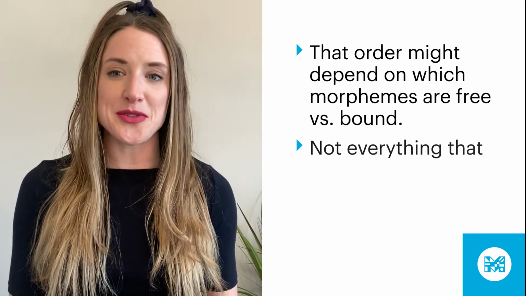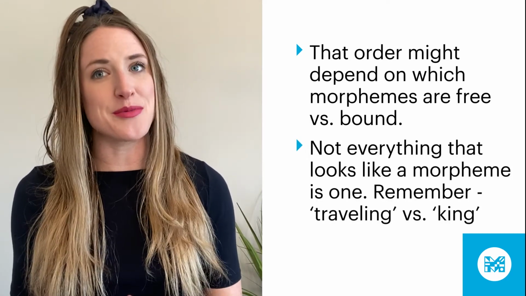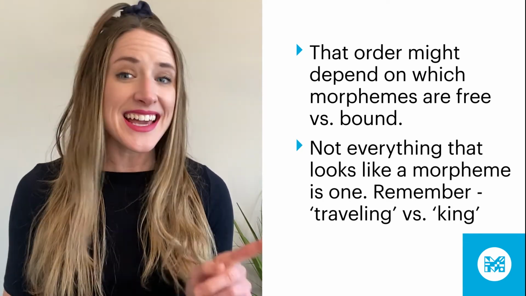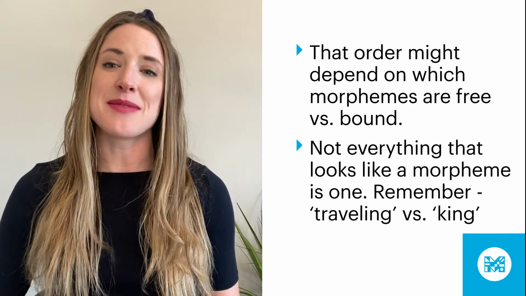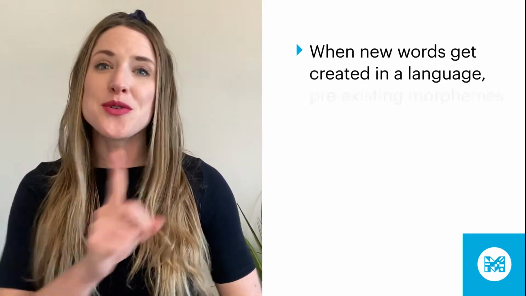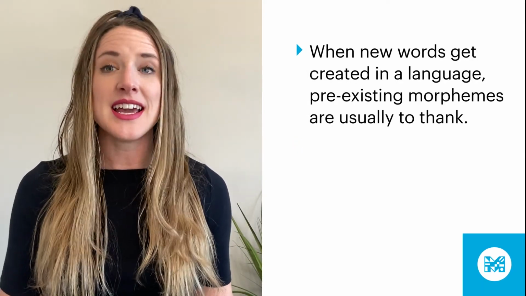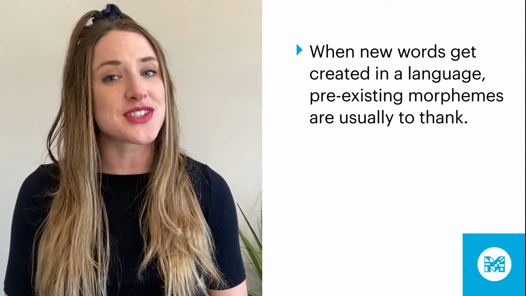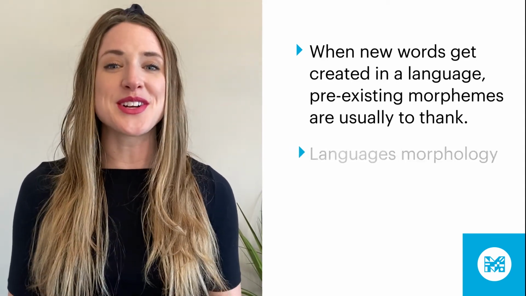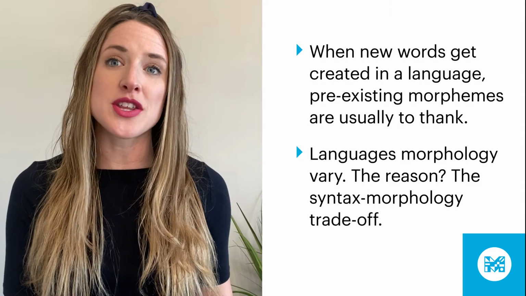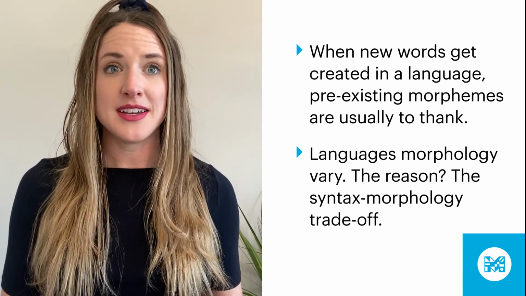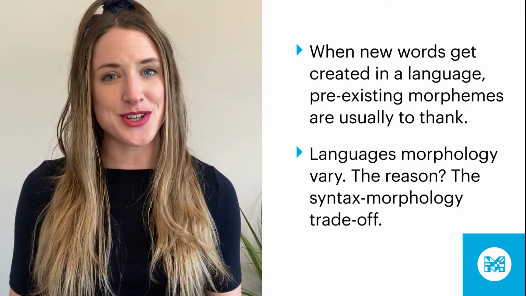Additionally, not everything that looks like a morpheme is actually a morpheme. Remember, the ing in king is not morphologically the same as the ing in traveling. And don't forget about new words, because when new words like computer get created in a language, pre-existing morphemes are usually used. And finally, we learned that languages vary in the extent to which they rely on morphology to make meaning. The reason? The syntax morphology trade-off.